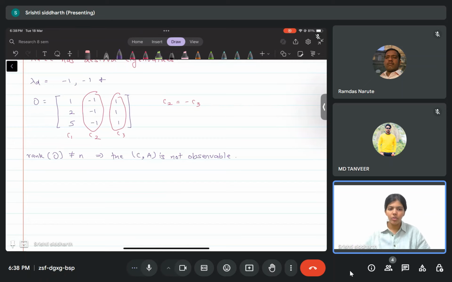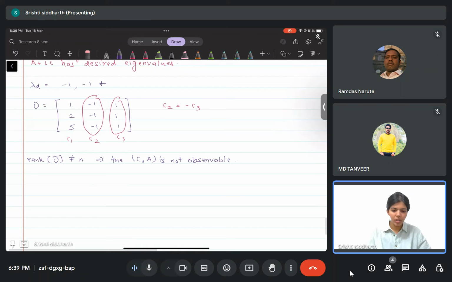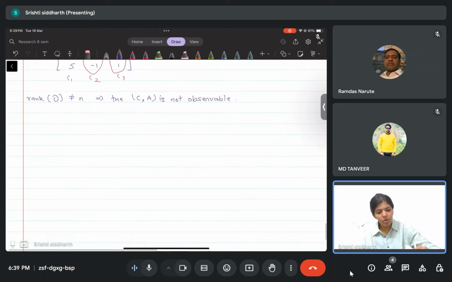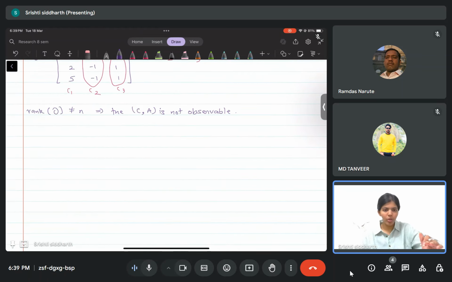So if we do not have a system which is observable, then the question is how do we design the gain matrix L? So since the system is not observable, we will perform the observable decomposition. So let's do that.